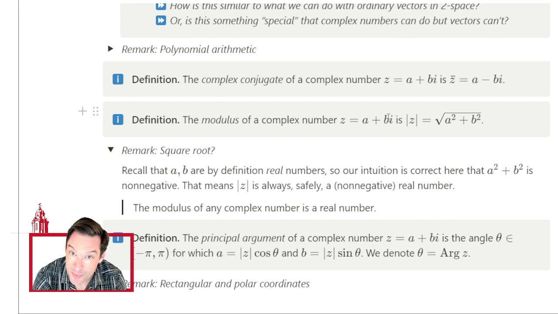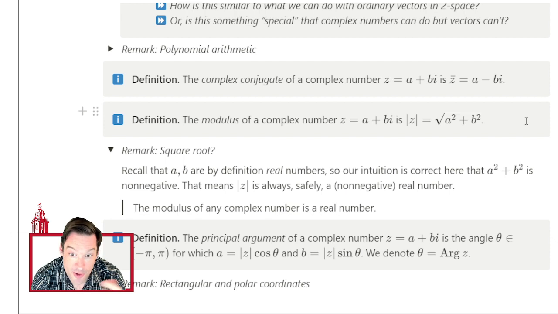Again, being very careful to bracket that, both for our own understanding and maybe more importantly for our students' understanding. And so our intuition that a squared and b squared are going to be non-negative, and therefore a squared plus b squared is non-negative, still holds here because a and b are real. That way, we don't have to be worried about taking the square root of a squared plus b squared, because it's the square root of a non-negative real number, and therefore this square root is going to give us a non-negative real number.